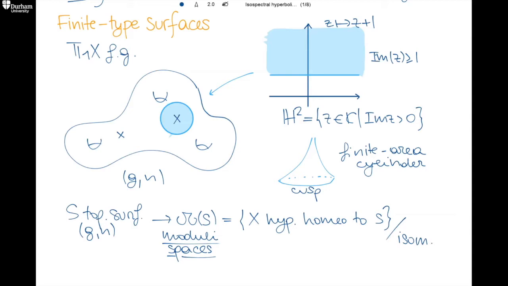And the important thing to know here is that this moduli space is big. It's not a manifold, it's what is called an orbifold.